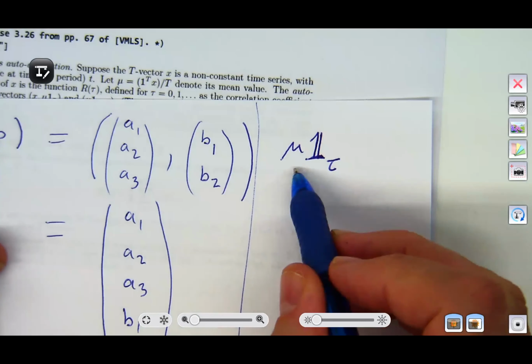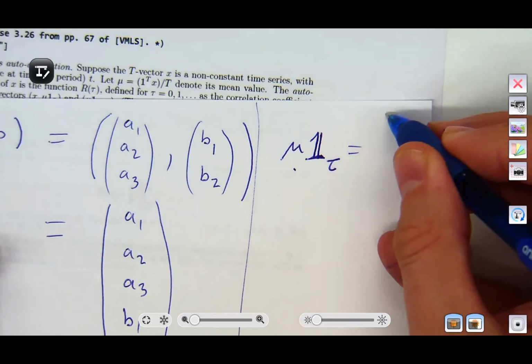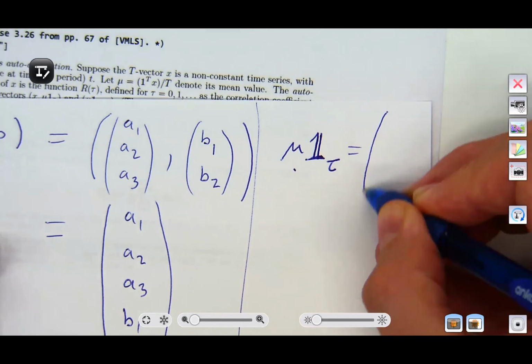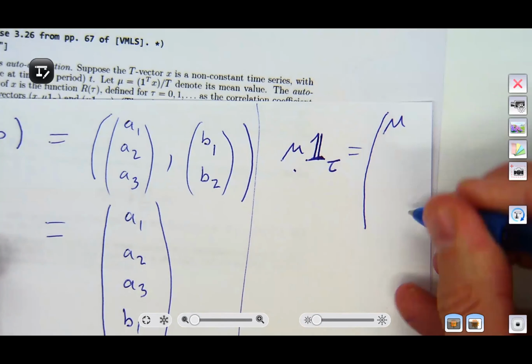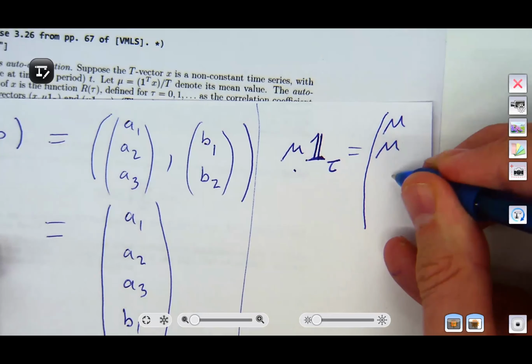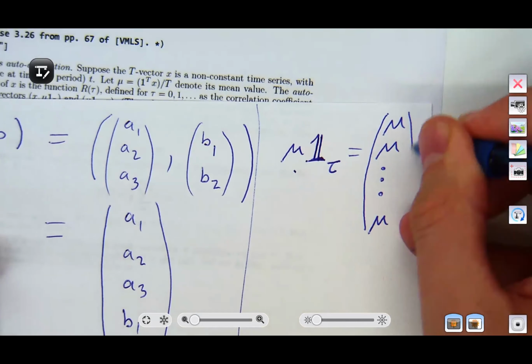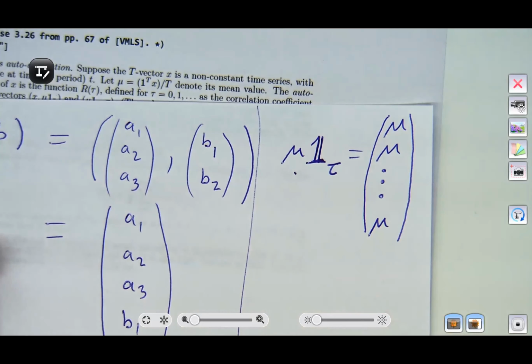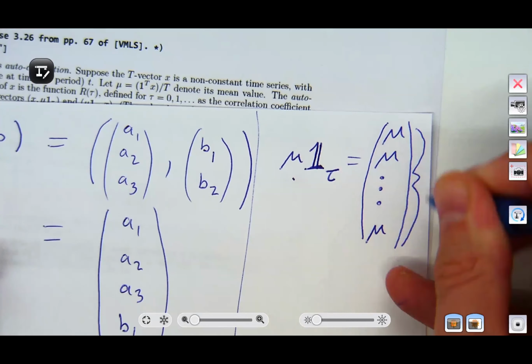This one is a vector containing ones. And so what is this? Well, it's a scalar times a vector. So we have mu in the first entry, mu in the second entry, and then dot, dot, dot, mu in the last entry. And how many of these are there? Well, there are tau of these.